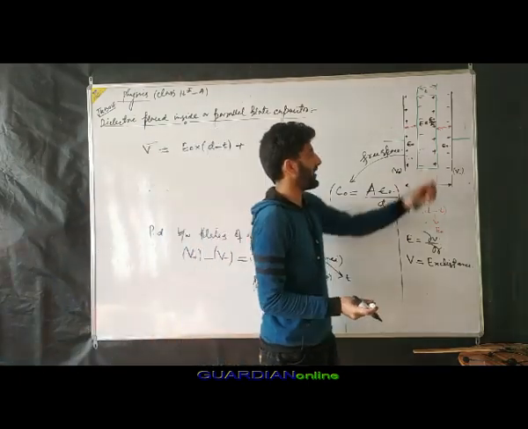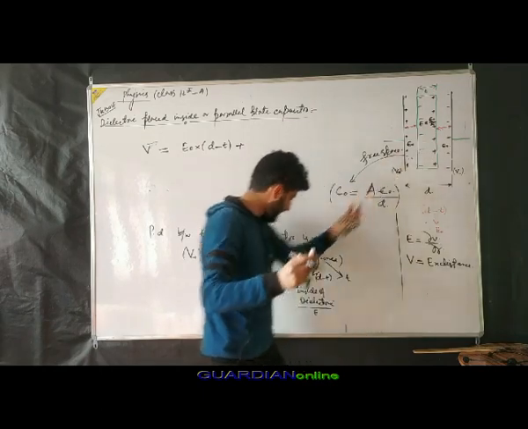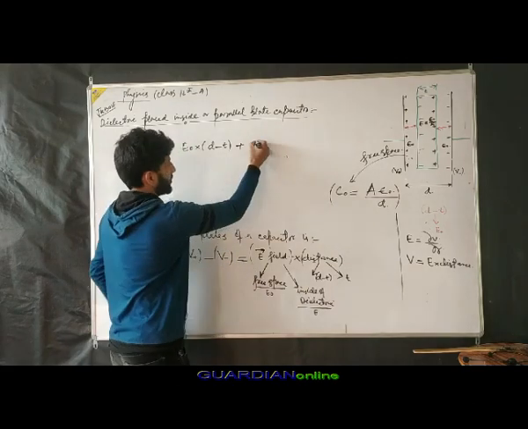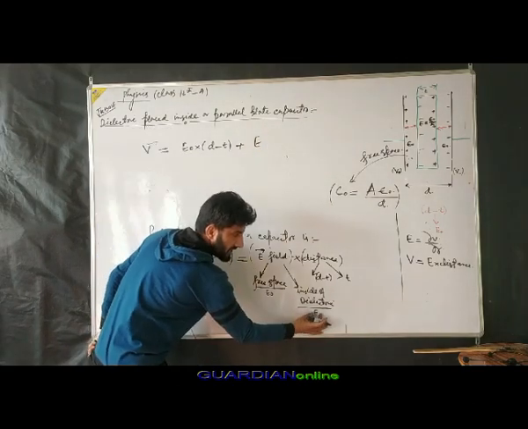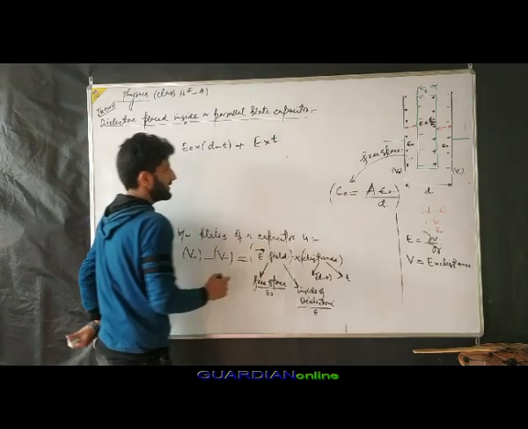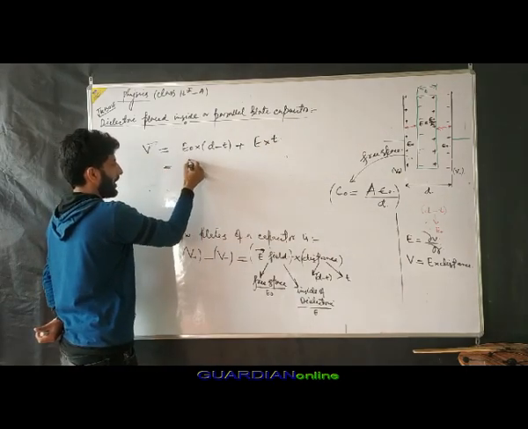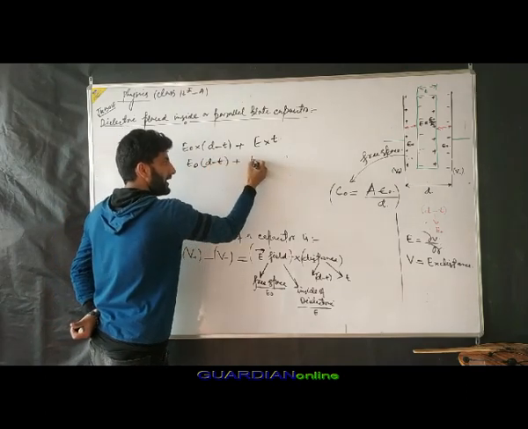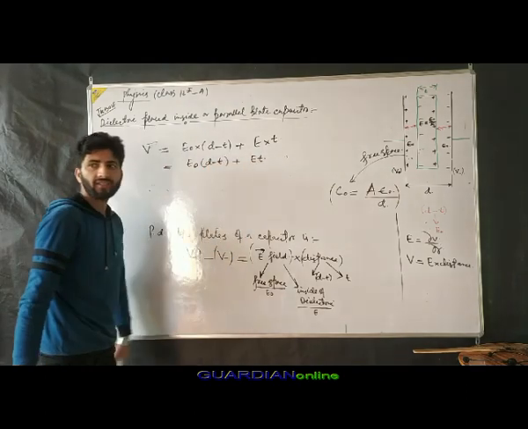The electric field is multiplied by its distance: the first one is free space, and the second is inside of a dielectric. So this is equivalent to E, the electric field, times its thickness T. Now it is simply E naught into D minus T plus E into T. Now what is the value?